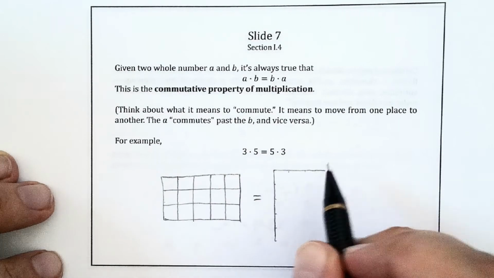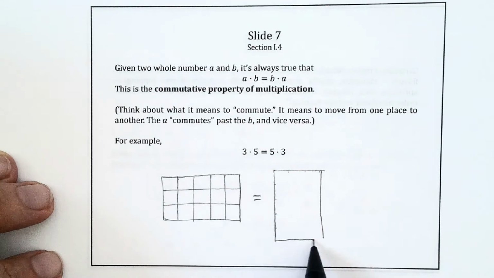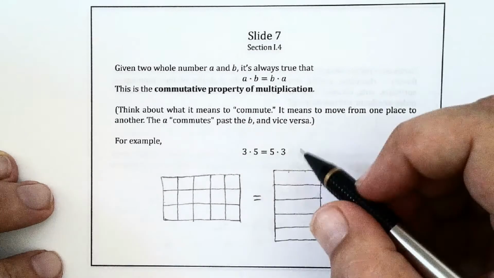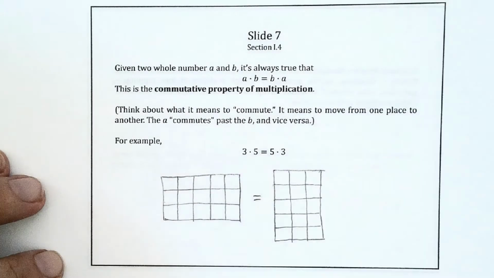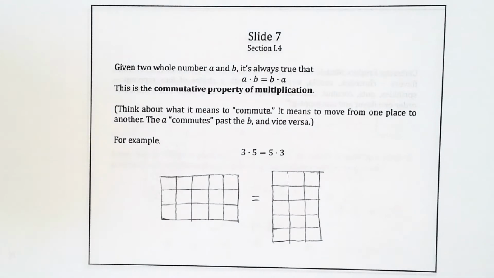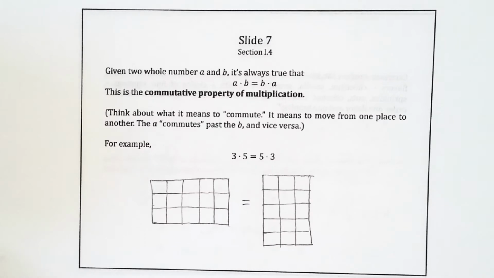Okay, but of course the area is equal in each case. Okay, this is the commutative property.